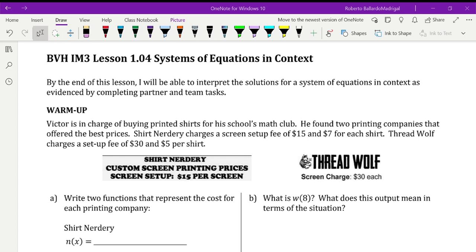You're going to fill that out. Then you're going to find out how many shirts you can make with $92. Then you're going to figure out how much money it costs to make 8 shirts. And finally, you're going to figure out which of the 2 is a better company to go with. All right, so take 10 minutes. Your time starts now.